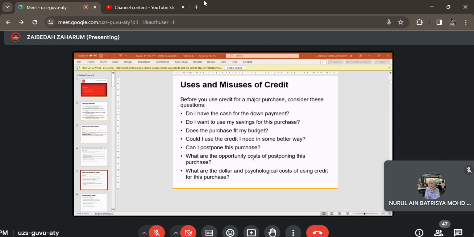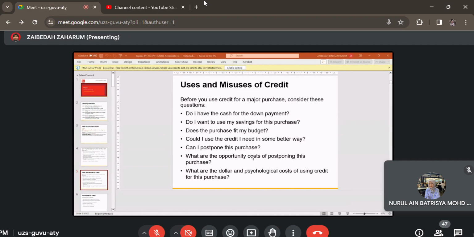Bila kita buat down payment, we will reduce the amount yang we borrow, and then the monthly payments tadi tu will be lower also, including the interest cost juga. Sebab bila amount pinjaman kita sikit, menyebabkan monthly payment kita will be lower.